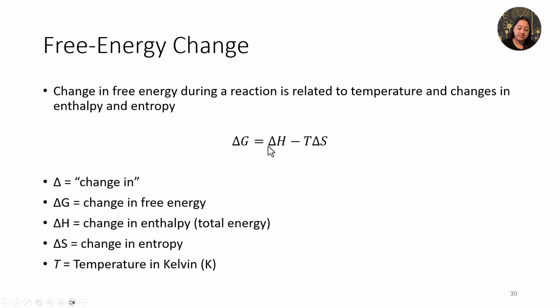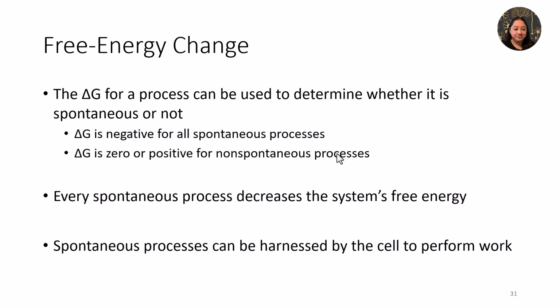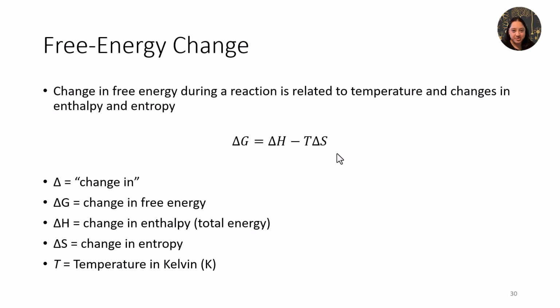And so that is how you could calculate the total change in free energy based on changes related to temperature and enthalpy and entropy. What a nightmare, right? So you don't have to memorize this equation. This is not chemistry, don't worry. But just to kind of show you how things are related to other things. So changes in free energy are related to changes in temperature and entropy and enthalpy.